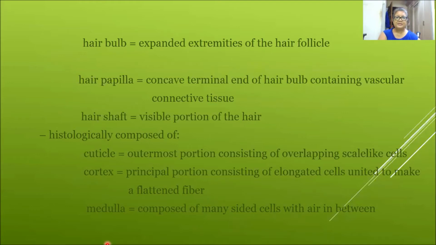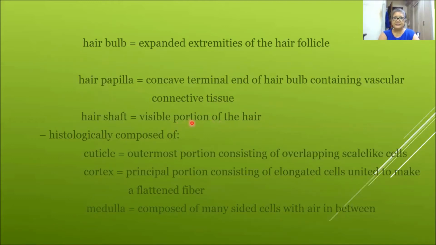Then you have an expanded extremity of the hair follicle, which is known as your hair bulb, towards the end of the hair follicle. Then you have the hair papillae, which is the concave terminal end of the hair bulb containing vascular connective tissue.